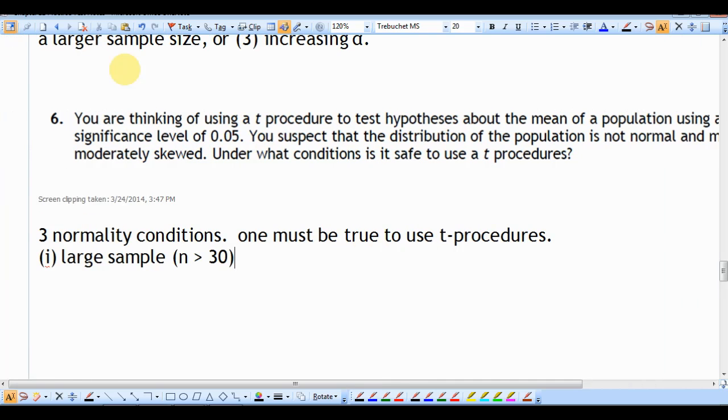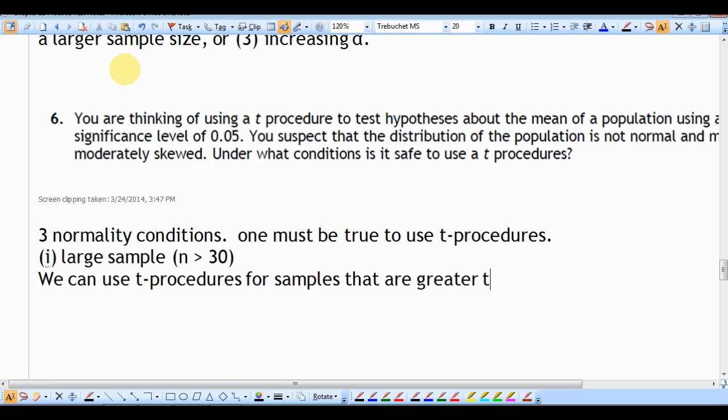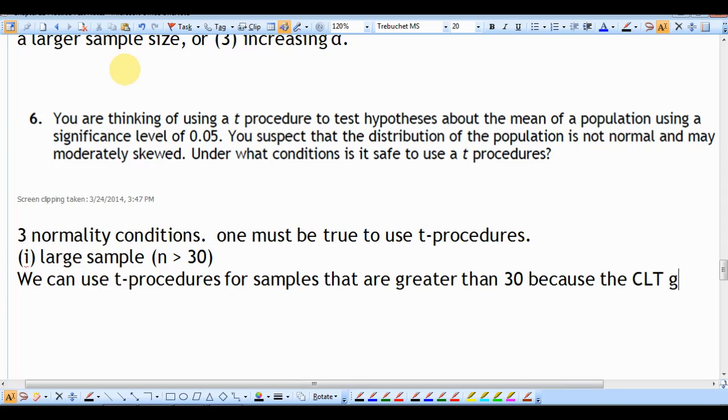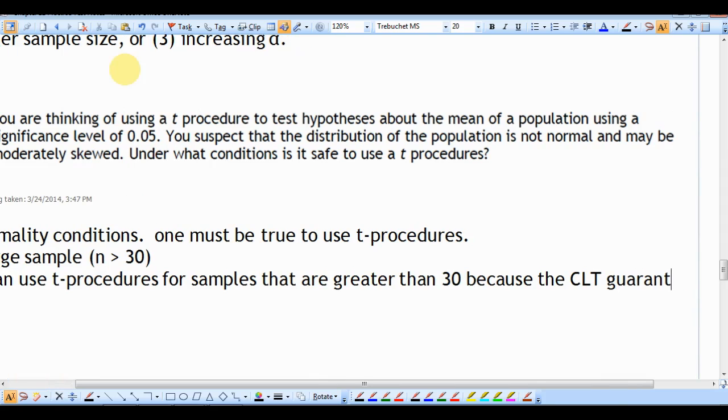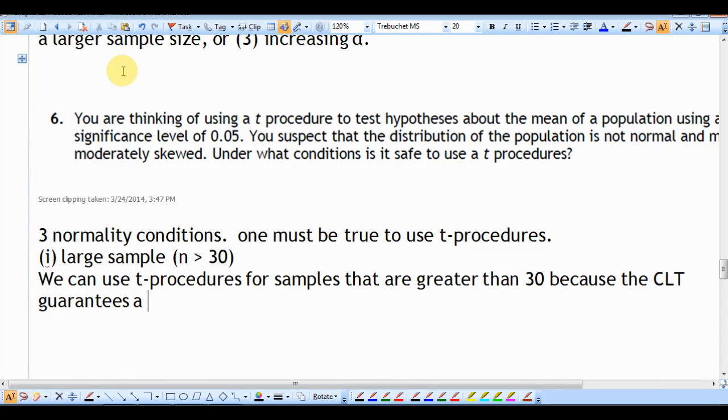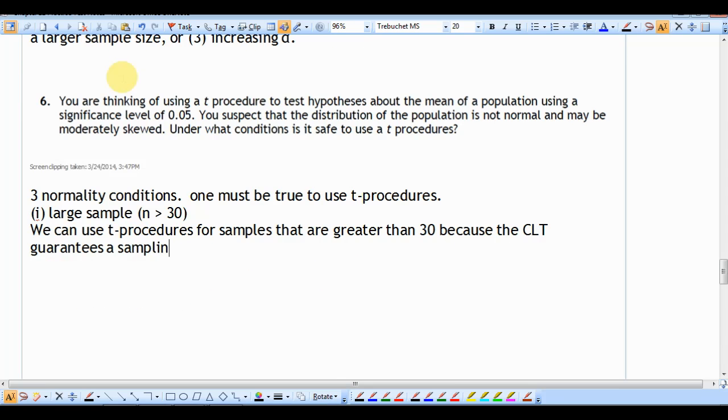Now they don't say anything about the sample being greater than 30, so we can use T procedures for samples that are greater than 30 because the central limit theorem guarantees a sampling distribution that is approximately normal.